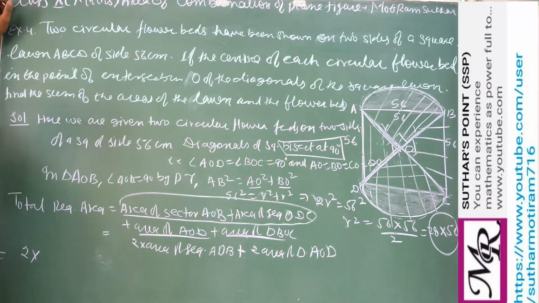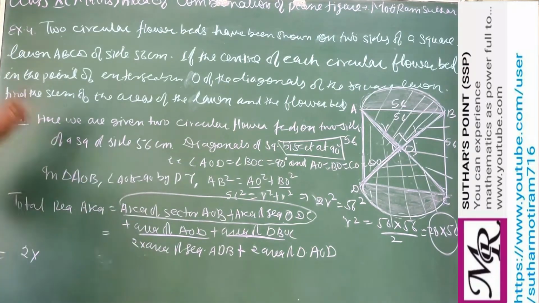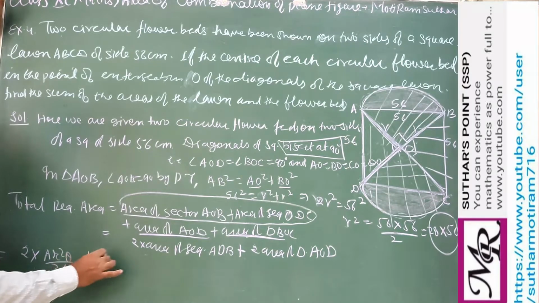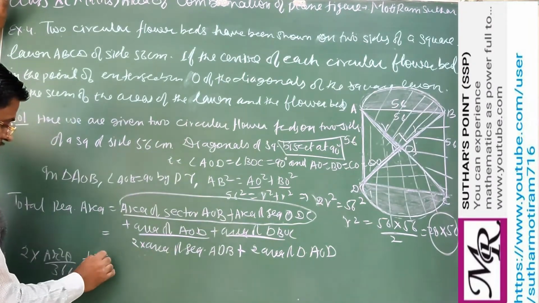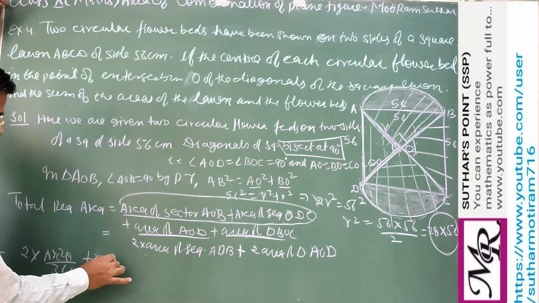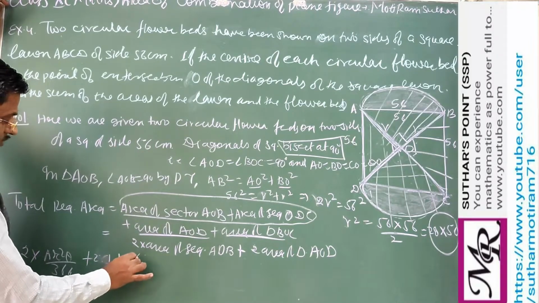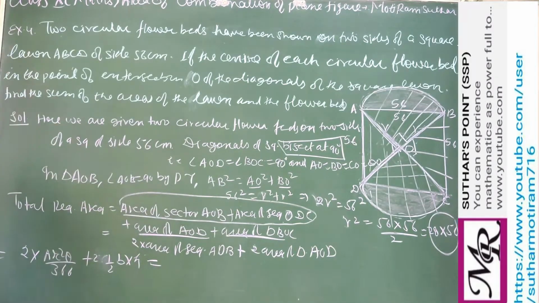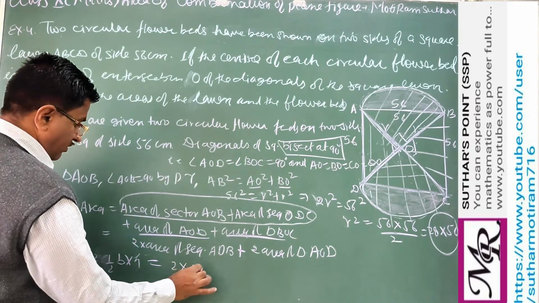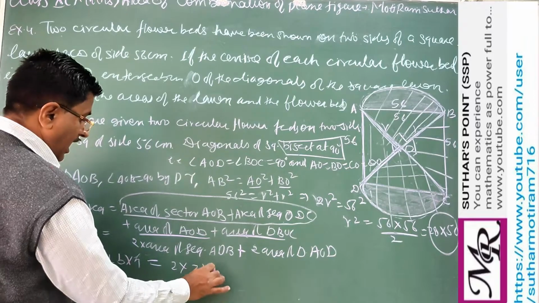So 2 into the formula for area of sector, the general formula pi r square theta upon 360, plus 2 into the area of triangle. Now these two triangles are right triangles, so 1 by 2 base into height. We are writing the formula here. Now 2 into pi, that is 22 by 7, r square.